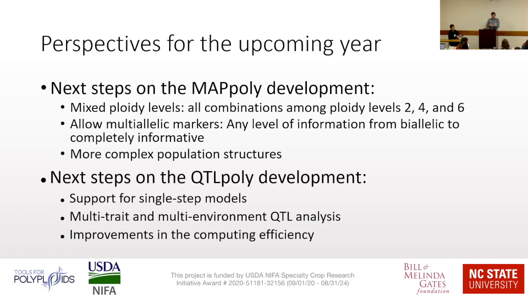So instead of just two parents with the same ploidy level, you can combine whatever. And of course, for multi-allelic markers, the same thing. And we are also trying to make this available for more complex population structures. We are working now with GKIN to make this work for roses.